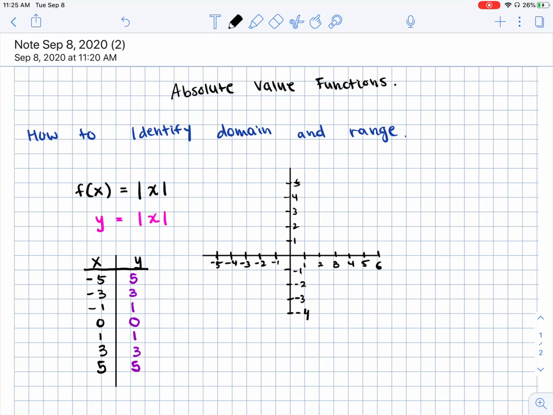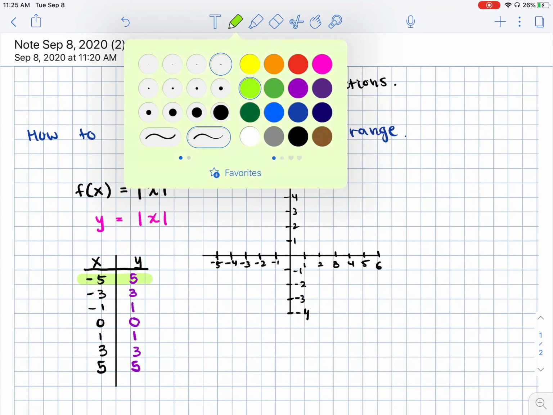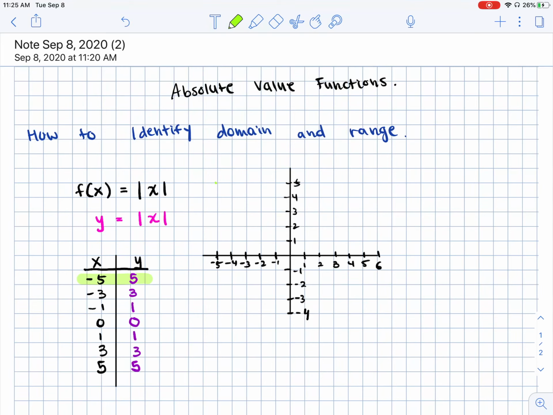Alrighty, so I am going to get each of these. If I get a pair, an x value and a y value, that becomes my coordinate point. So I would put a point at -5, +5, right there. I'm going to go down my table, so -3, +3, -1, +1, 0, 0, 1, 1, 3, 3, 5, 5.